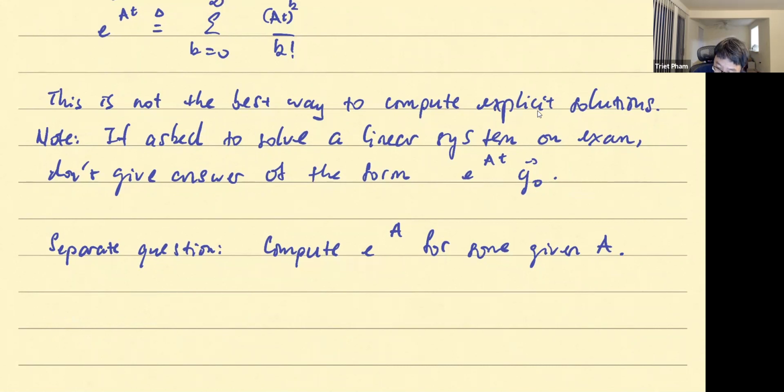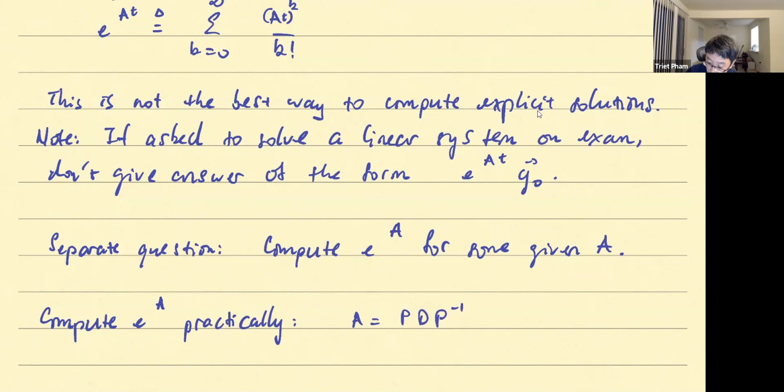To compute e to A practically, the type of matrix for which the exponential can be computed most efficiently is a diagonalizable matrix, PDP inverse. This happens if A has a full set of eigenvectors.